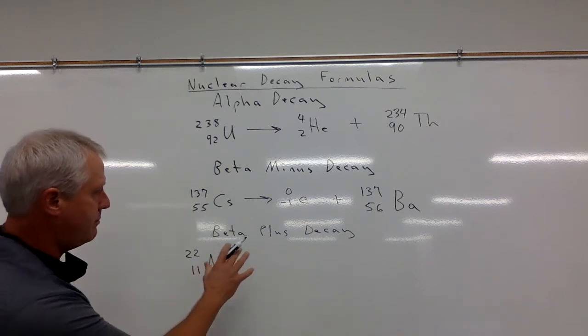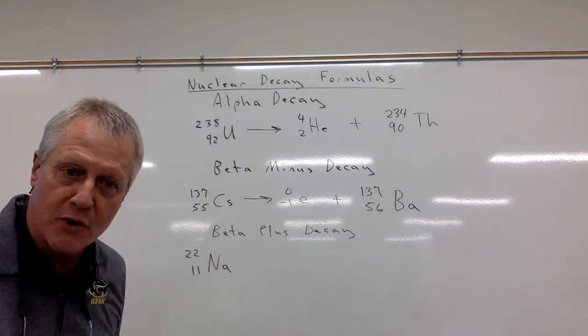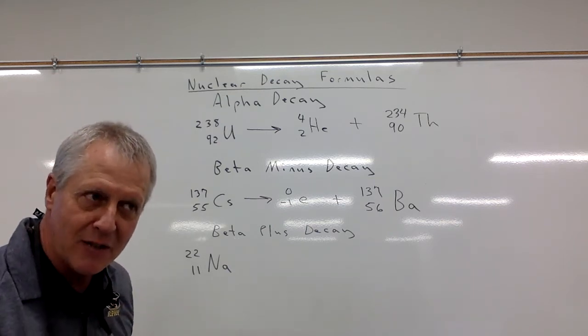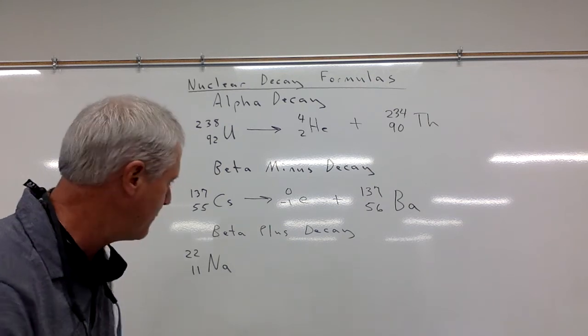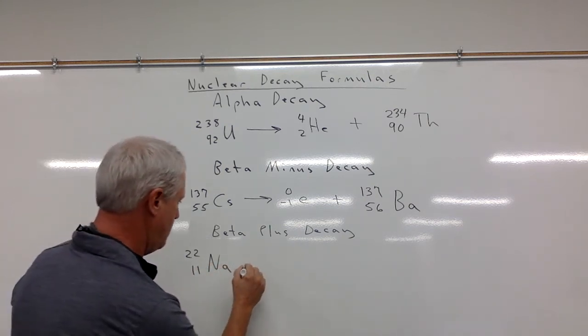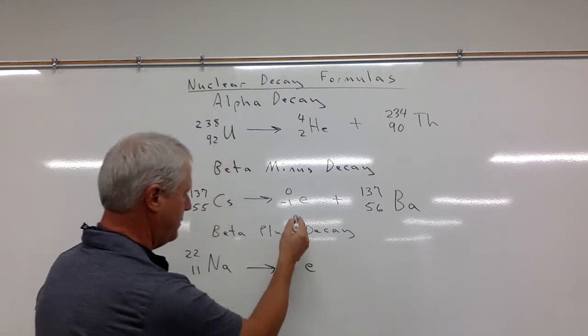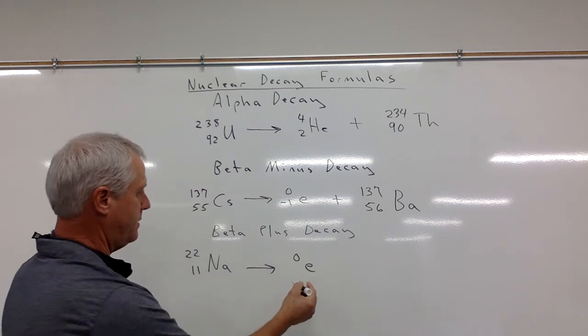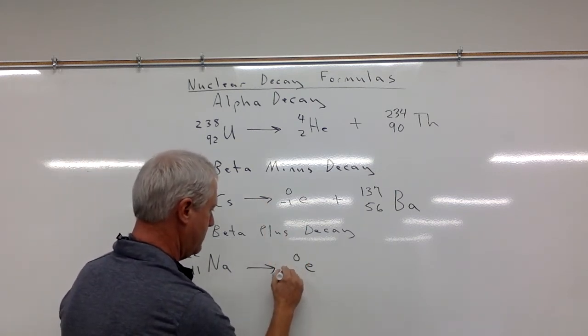Okay, now beta plus decay is a little different because there is something called a positron, which has the same mass as an electron, but it results in as if they were losing a proton. So we'll start with sodium-22, and the symbol that is used here is very similar to the symbol we see here in minus decay, but instead of a minus, there's a plus.